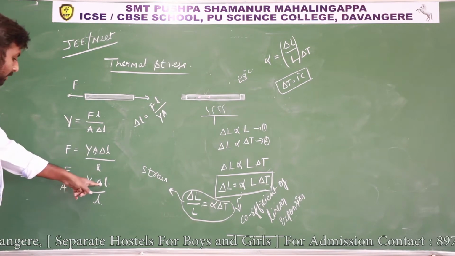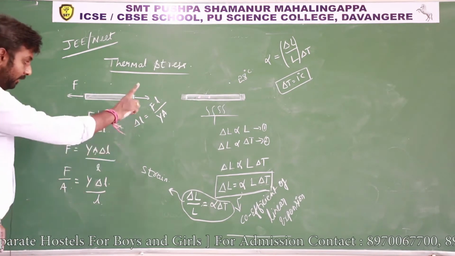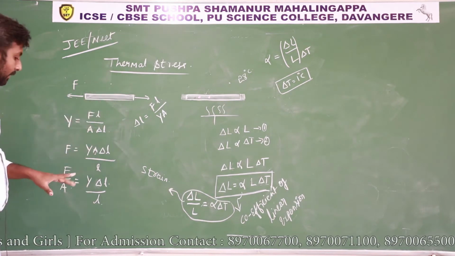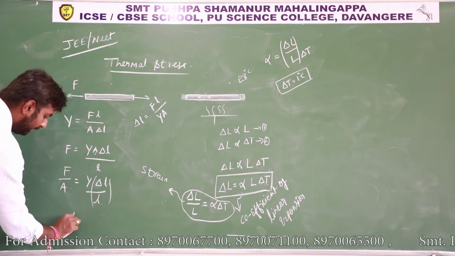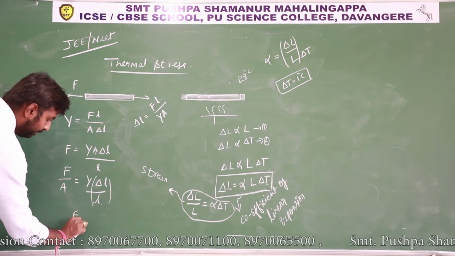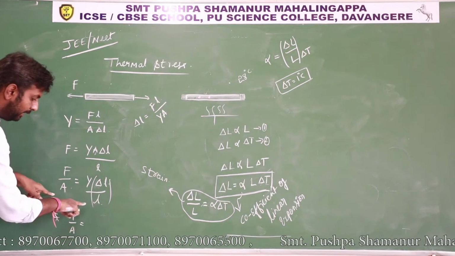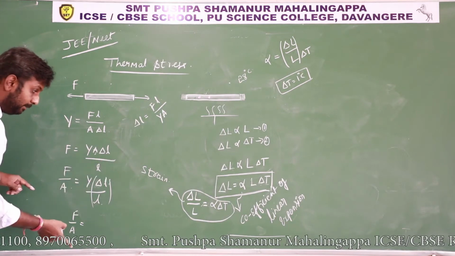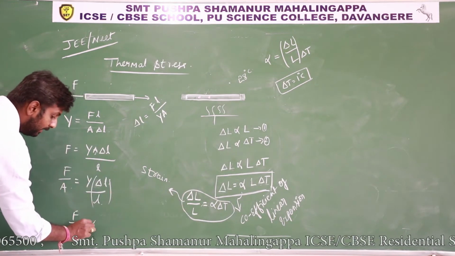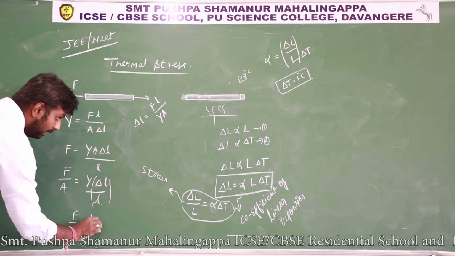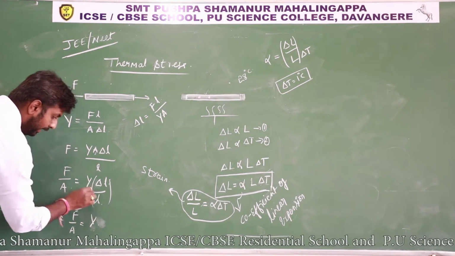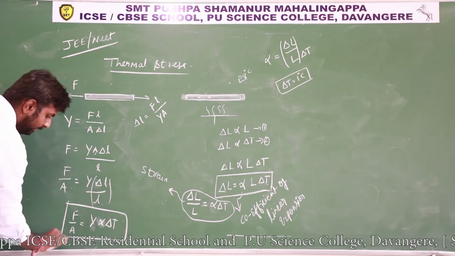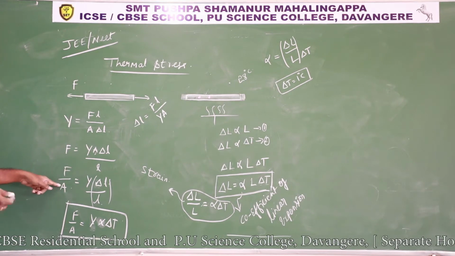Here, delta L by L is the increase in the rod due to an increase in temperature. When applying load, delta L by L is F by A over Y. Suppose the increase in length is due to increase in temperature, then delta L by L you can write as alpha delta T. Normally F by A is stress.